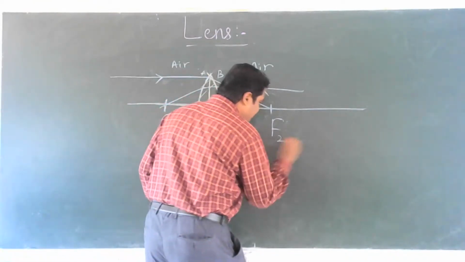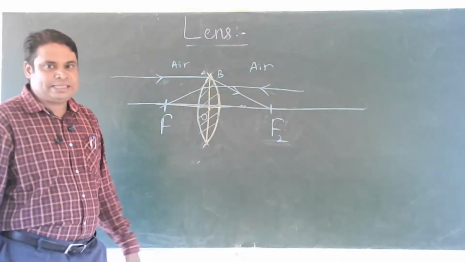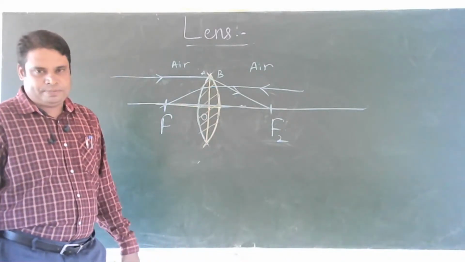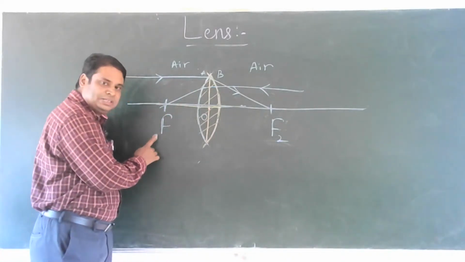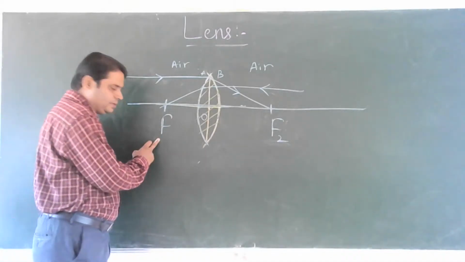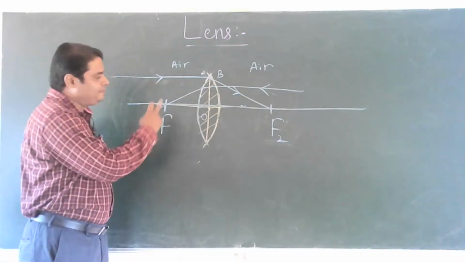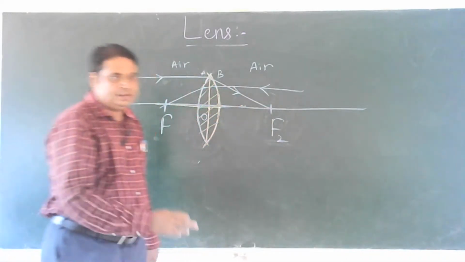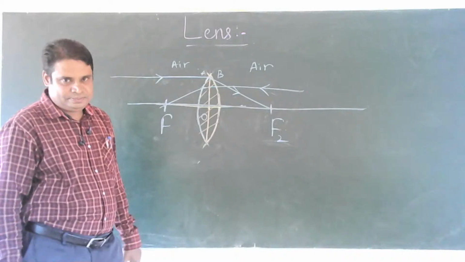We represent it as F2 or F dash. This other one is called the first principal focus, or simply first focus. This is called the second principal focus, or simply second focus.